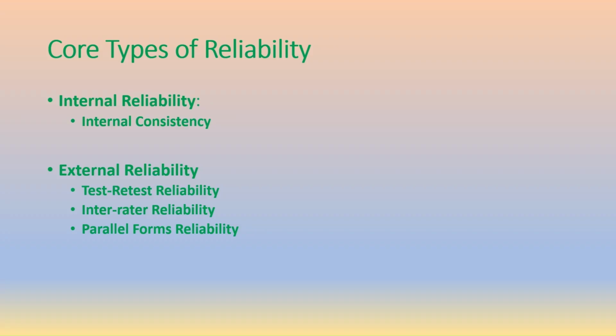External reliability includes test-retest reliability, inter-rater reliability, and parallel forms reliability. Test-retest: the same test over time. Inter-rater: the same test conducted by different people. Parallel forms: different versions of a test which are designed to be equivalent.